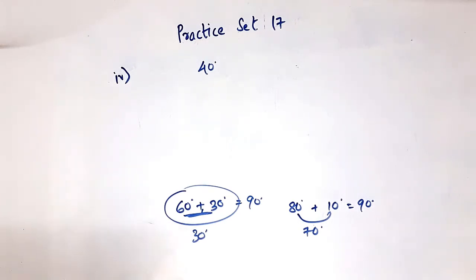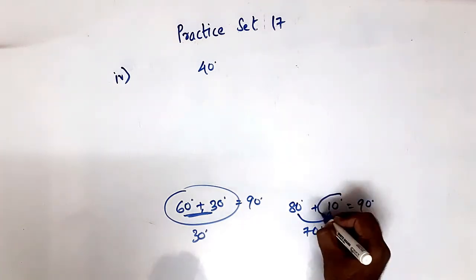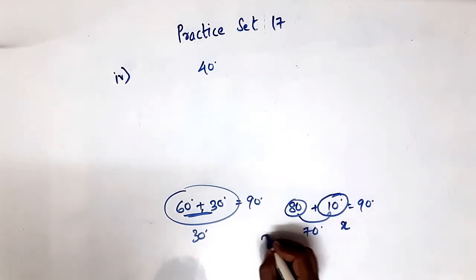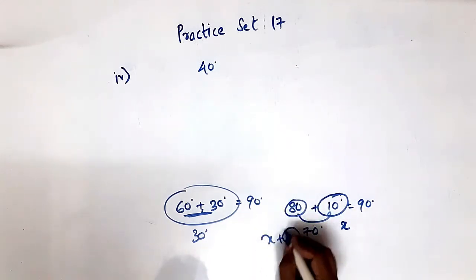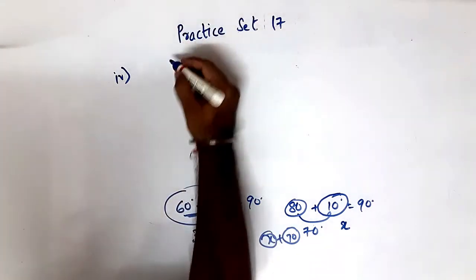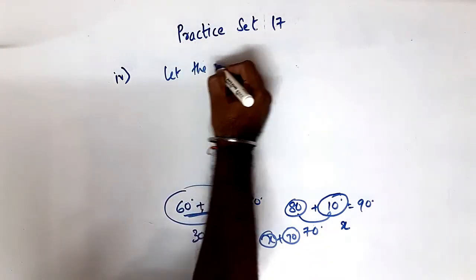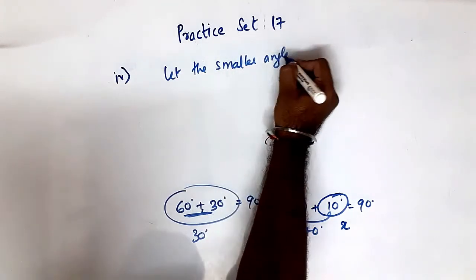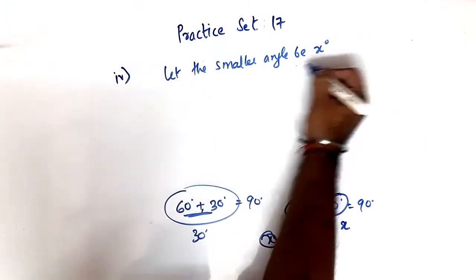Now how will we do this? The difference is 40 degrees. So if I tell you this smaller angle is x, you will take the bigger angle as x plus the difference, x plus 70, correct? So here, let the smaller angle be x degrees.